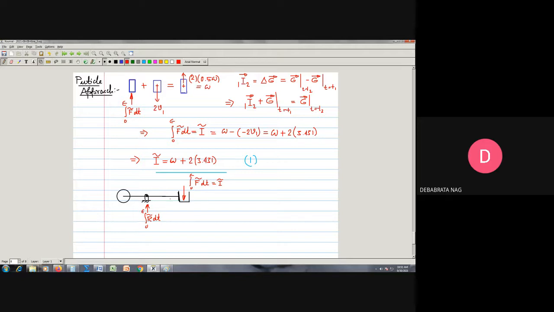Since they are impulsive in nature, there are also certain non-impulsive forces. The non-impulsive forces, of course, are this 6G and this 4G. Here as well we have some non-impulsive force, this 2G, and its impulse means 2G epsilon, right?